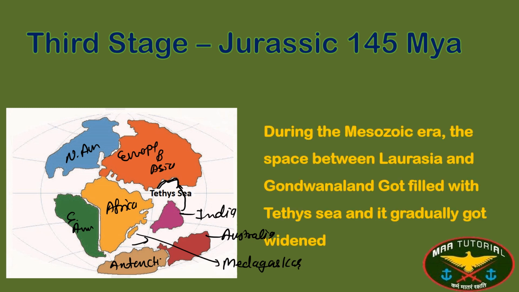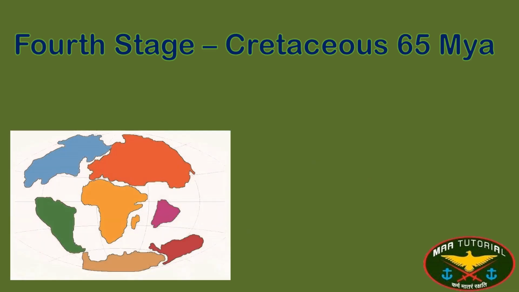So during the Mesozoic era, the space between Laurasia and Gondwana filled with the Tethys Sea, and gradually got widened. In the next stage, the fourth stage, Cretaceous, 65 million years ago, the drifting goes faster.